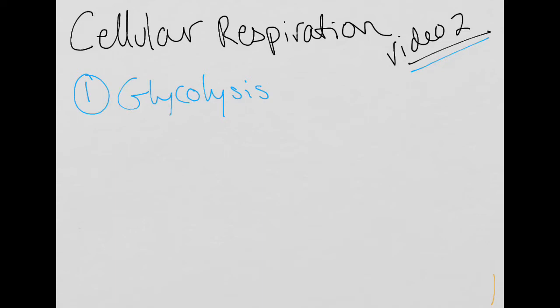And as you know by now, I really like splitting larger words into smaller words. In glycolysis, we see glyco, which reminds us of glucose, or even glycogen, but especially when referring to cellular respiration, we're talking about glucose.